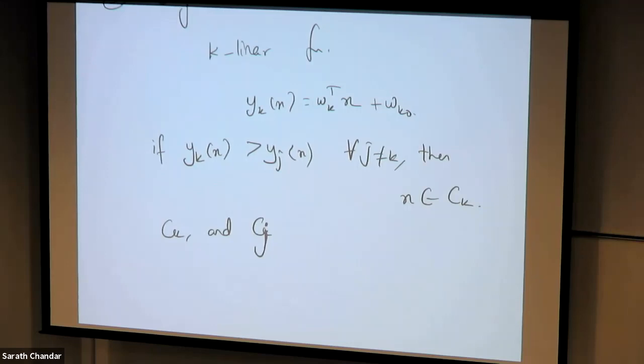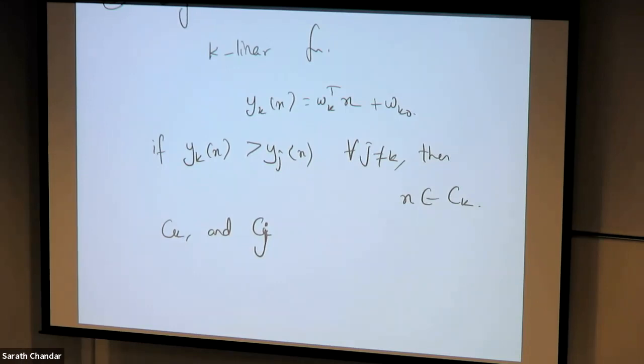So we have k classes, and you have k different y functions. Now, what is the decision boundary between ck and cj? When would you say something is class k instead of class j?